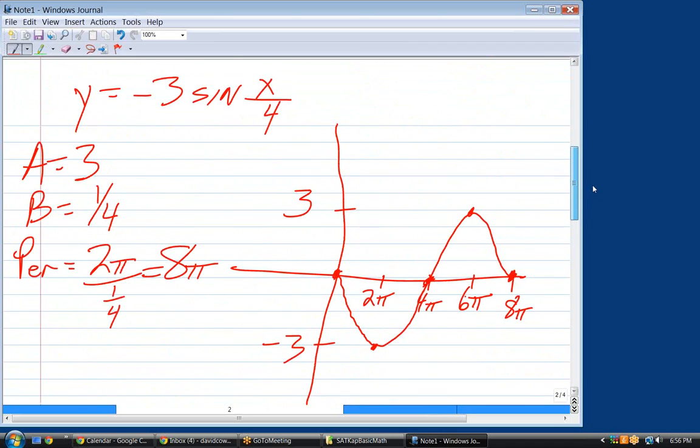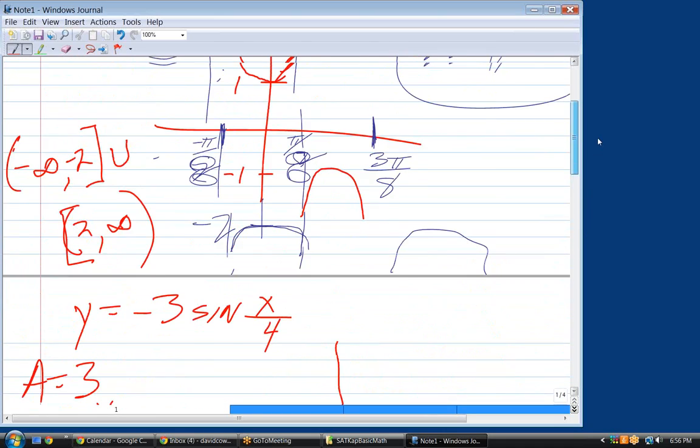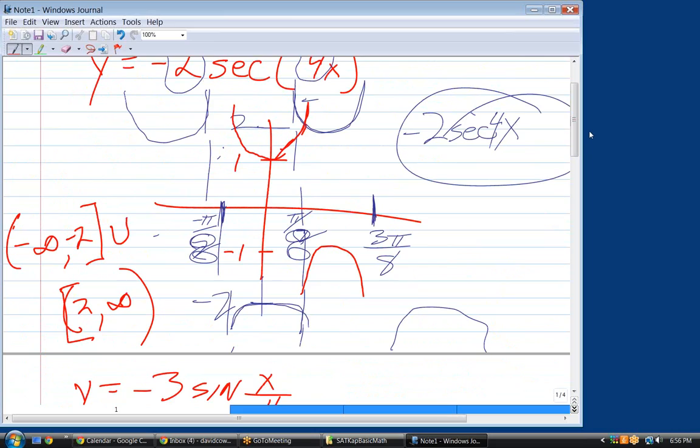The domain is only difficult when you have asymptotes. The only two functions that don't have asymptotes are sine and cosine. All the other 4 trig functions all have asymptotes. Wherever sine and cosine are equal to 0, they have asymptotes.